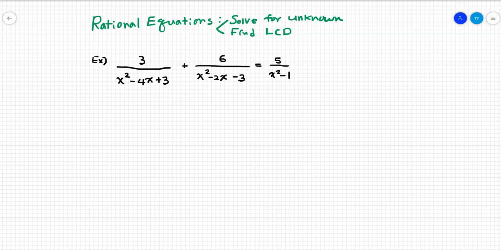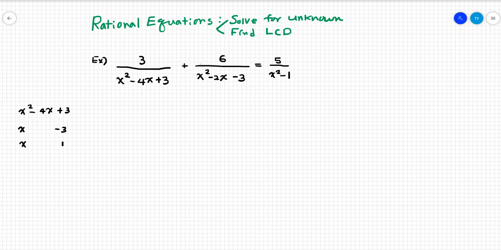Now, the first thing that I'm going to ask you to do when you solve a rational equation is to make the denominator in factor form. So here we have x squared minus 4x plus 3. We're going to split this into x and x, then the 3 and 1.